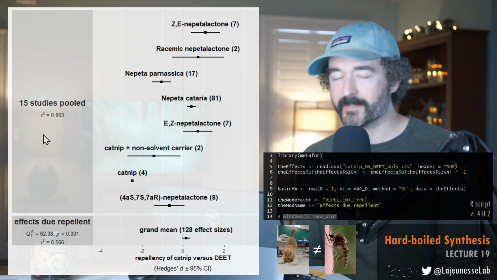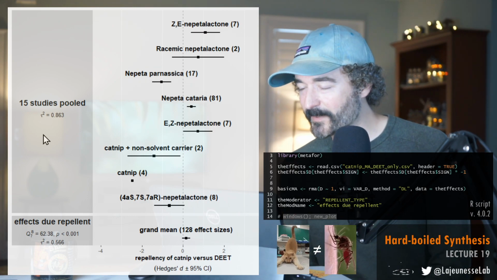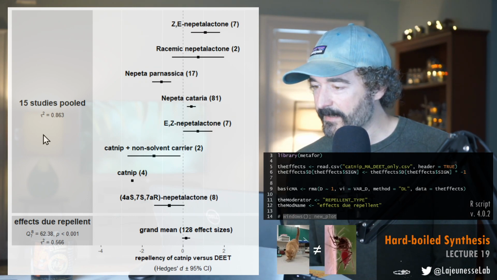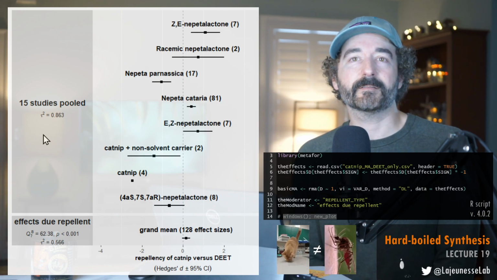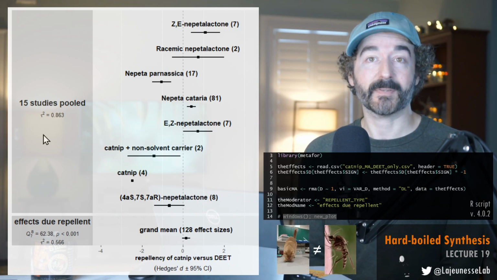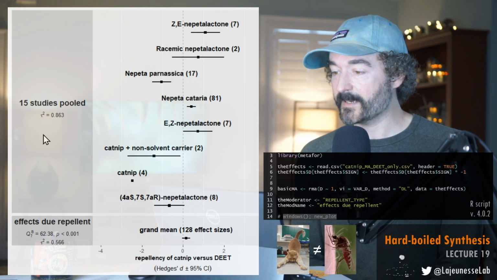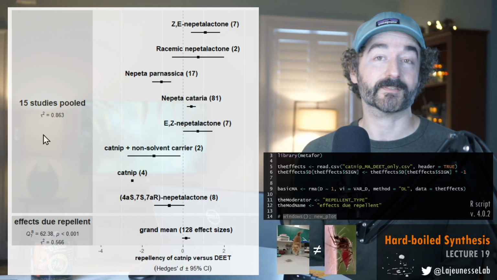Huge variability again amongst the different types of repellents. So we've got the Nepeta cataria, which is the conventional catnip plant species. We've got the Nepeta parnassica, which is another species that was tested.